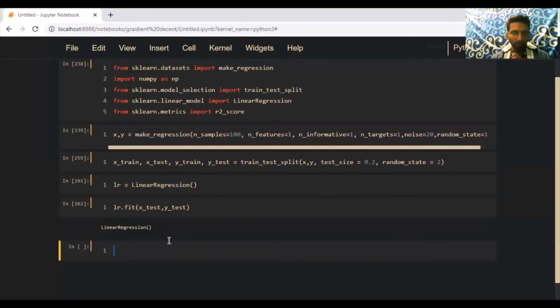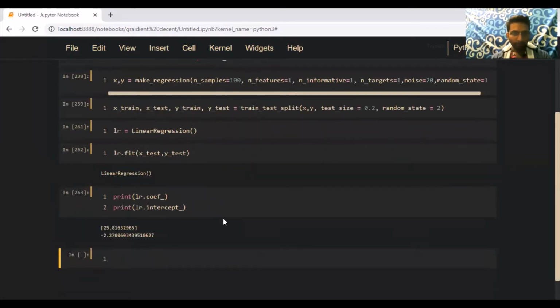It's done. Now we can find the coefficient and the intercept for this linear regression model. So the coefficient is 25 and this 2 is the intercept.